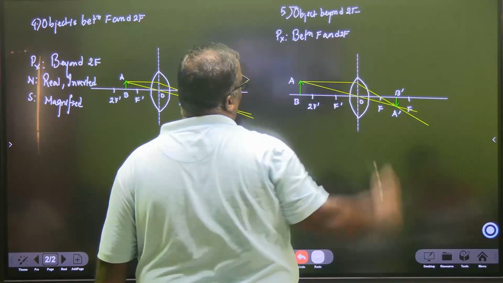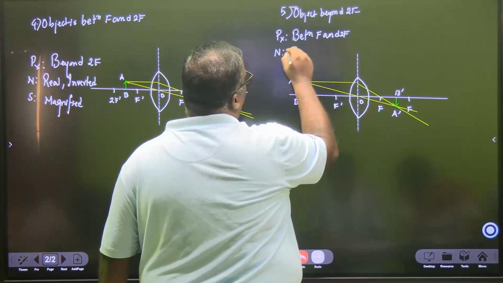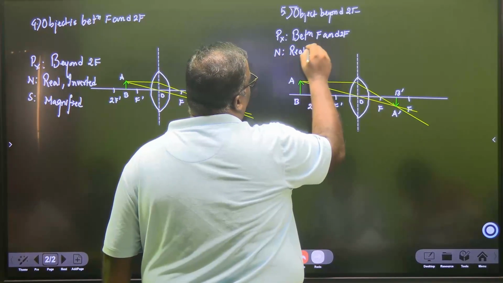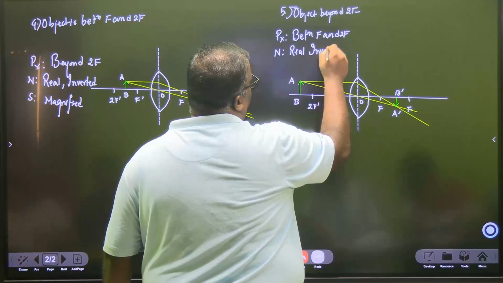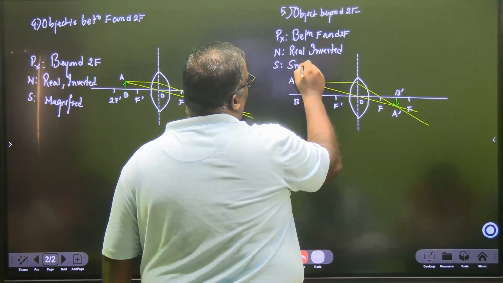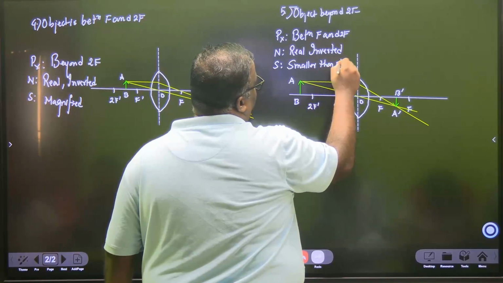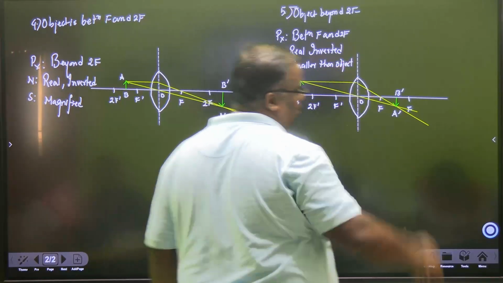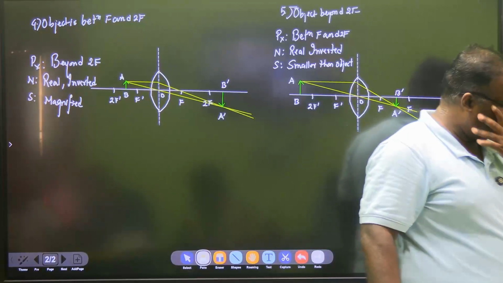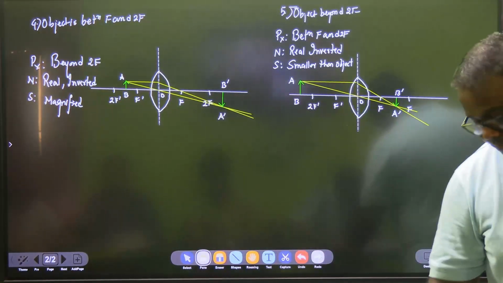Between F and 2F. Nature is real, inverted. See, life has become so easy now. Size smaller. Smaller than object. Clear?